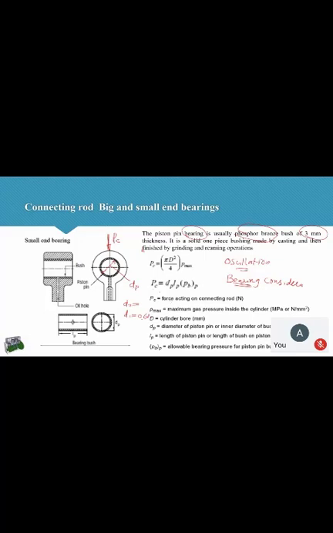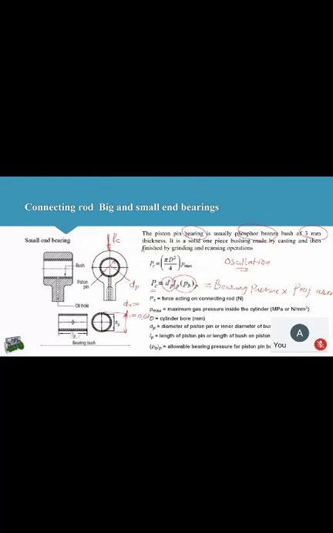Here I'm using the bearing consideration. Bearing consideration means the force acting on the piston is equal to bearing pressure multiplied by projected area. The projected area has dp as the diameter and lp as the length.